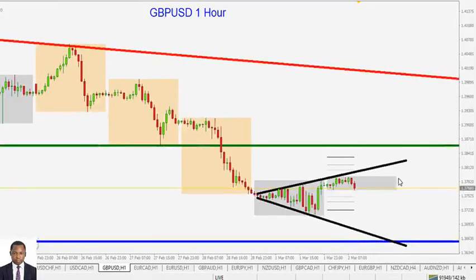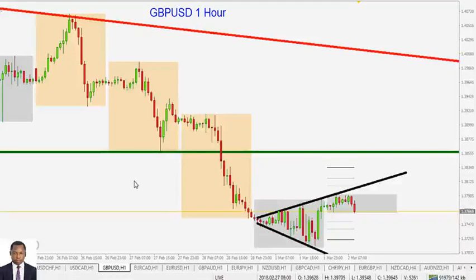It's an expanding triangle. This upper leg has been acting as resistance, so you should see more downside for this pair, probably coming to the lower leg of that expanding triangle. It's a horrible market condition. We will not be here to trade it.